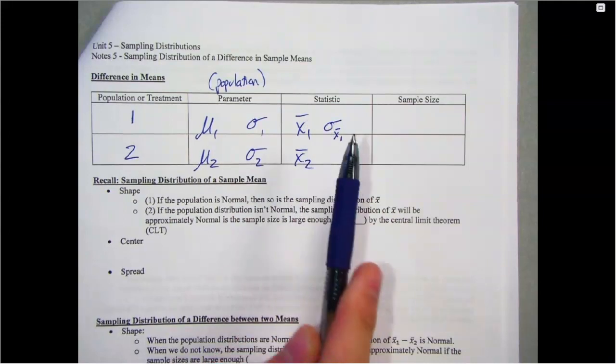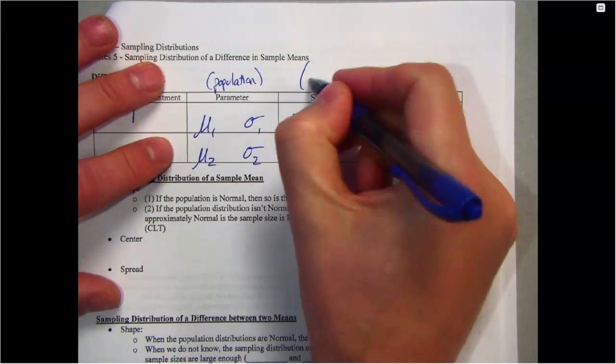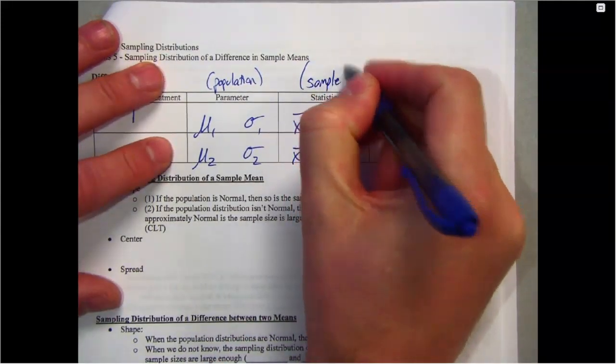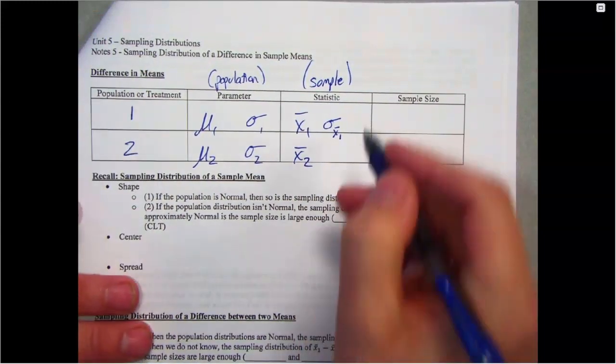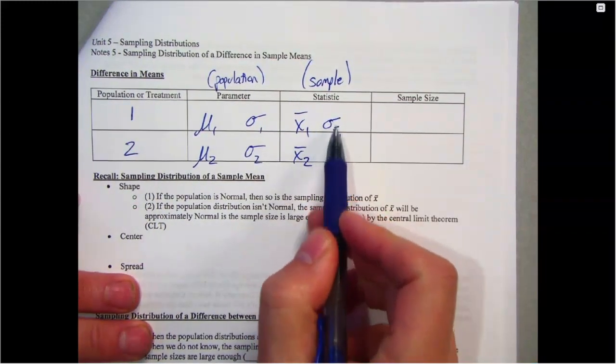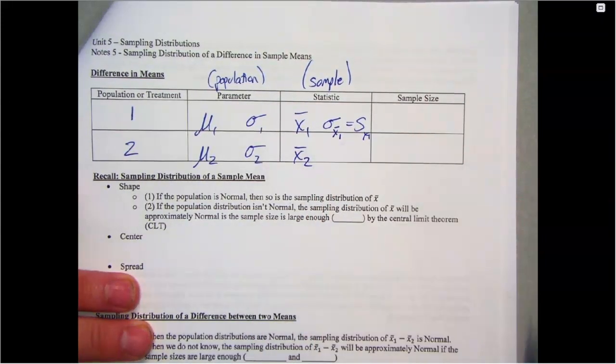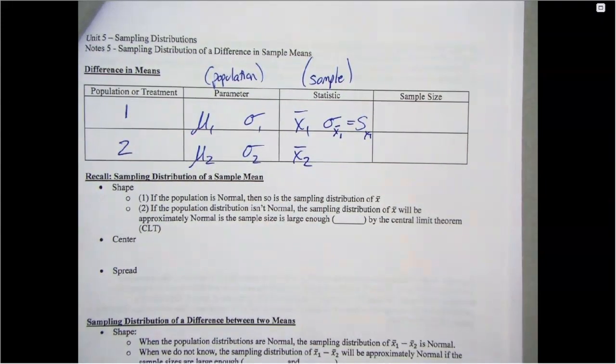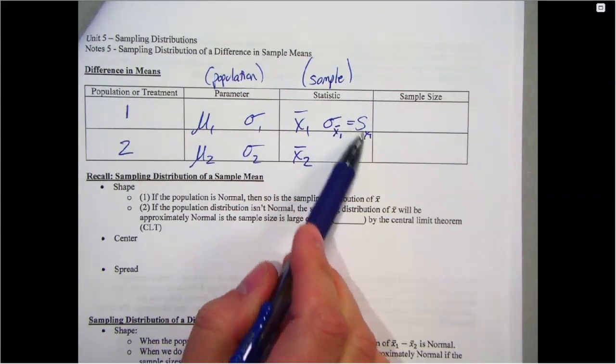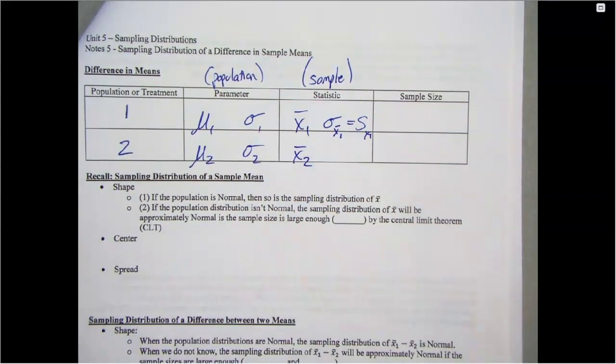And then the statistic is like the smaller version of the sample, remember? And you can write it as this like standard deviation of X bar 1, or sometimes you'll see S of X bar 1. That means the same thing. It's like the standard deviation of the sample. And then the same thing for the second one.